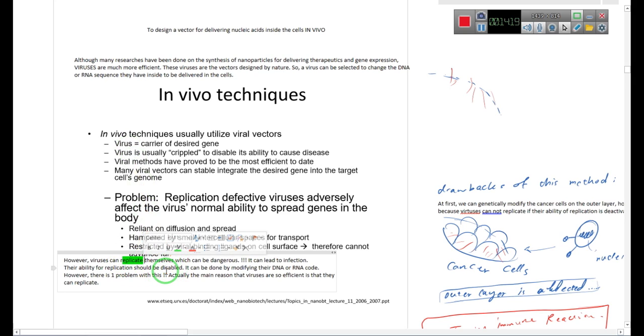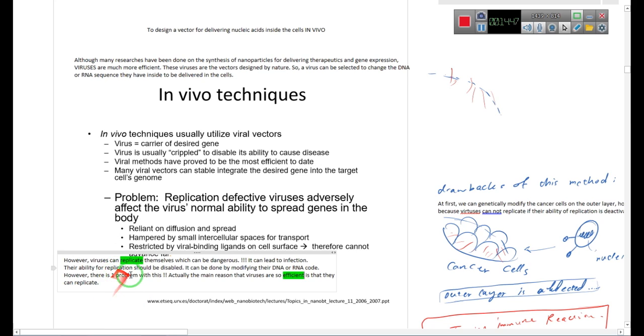But the problem with this is that, let me just tell you what is the replication, how is replication useful for us. You know, the replication of the viruses will increase the efficiency of delivering the nucleic acids inside the cells.